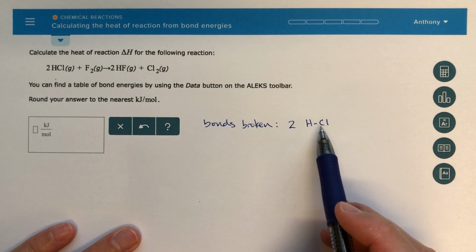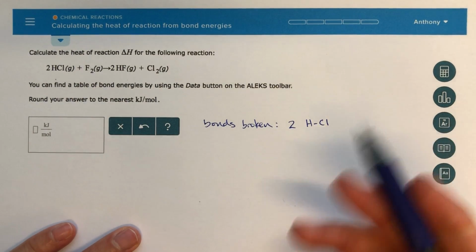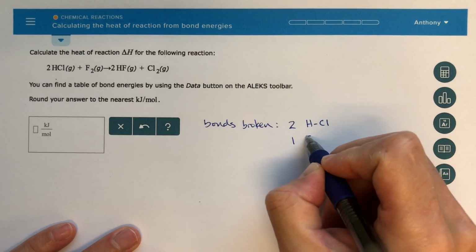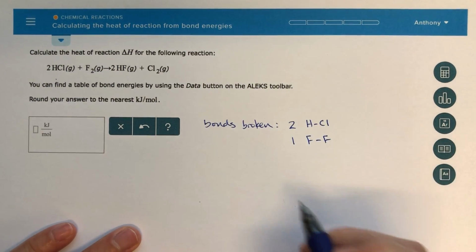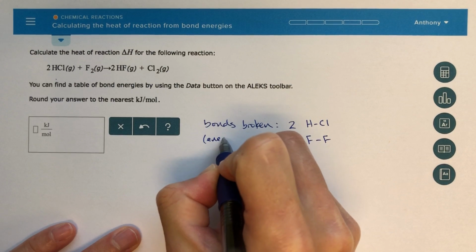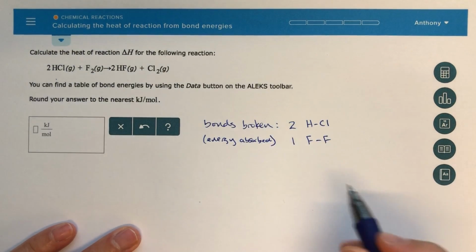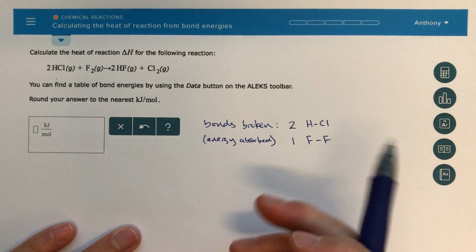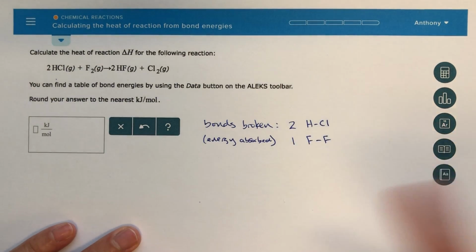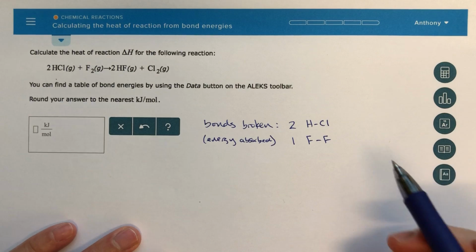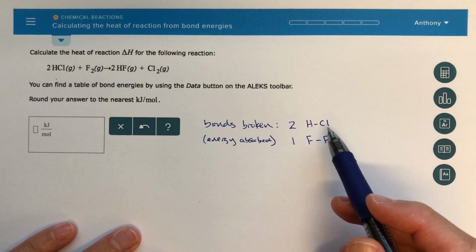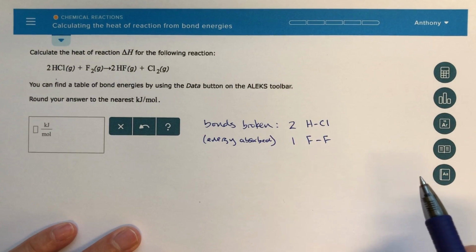This HCl, that covalent bond, we're actually going to break that. That's going to require energy. And one fluorine-fluorine bond. So this is energy absorbed by our chemical system. So, where does that energy come from? From whatever extra source we have, but it's going to require energy to break these bonds.